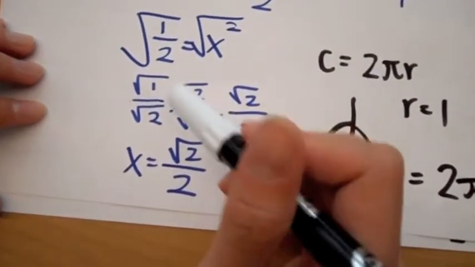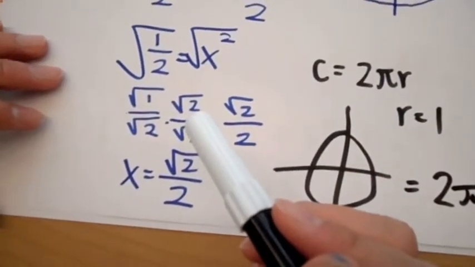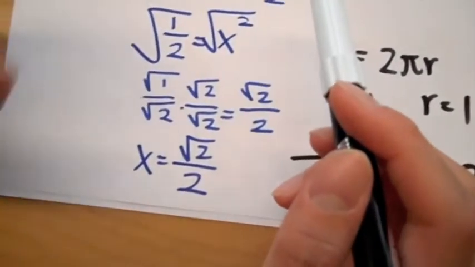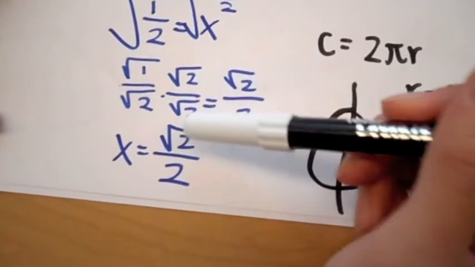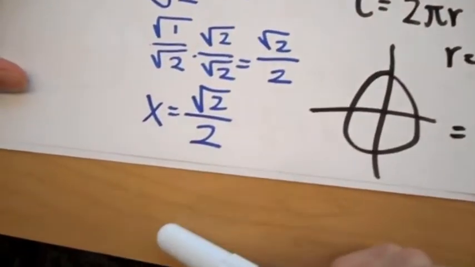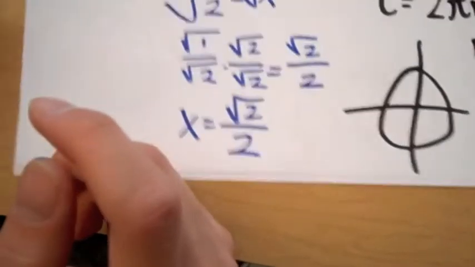And you have to radicalize it. So you multiply by a form of 1, so that's radical 2 over radical 2, and that will equal radical 2 over 2. That's your x.